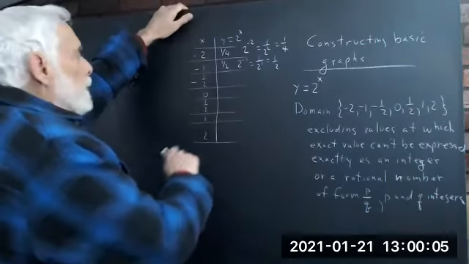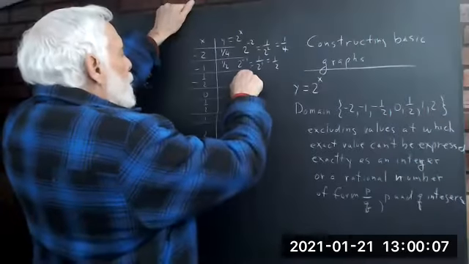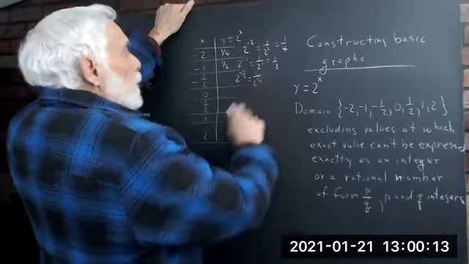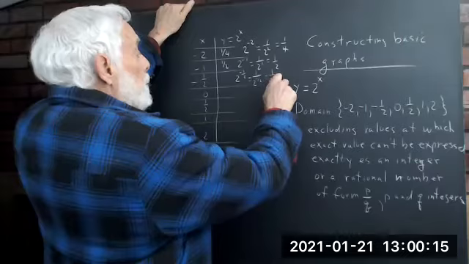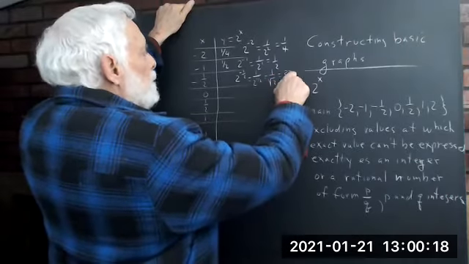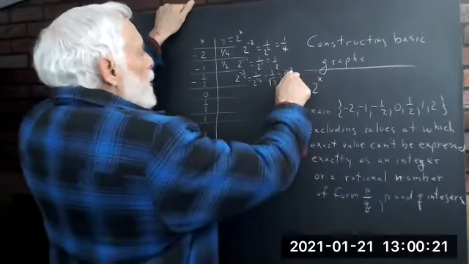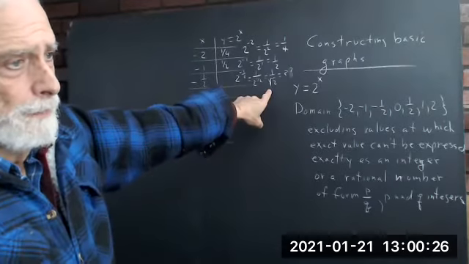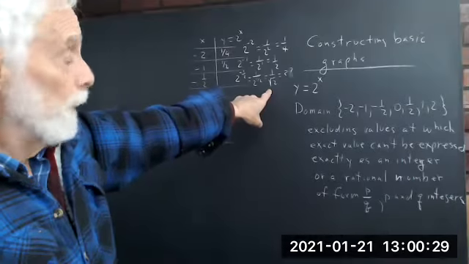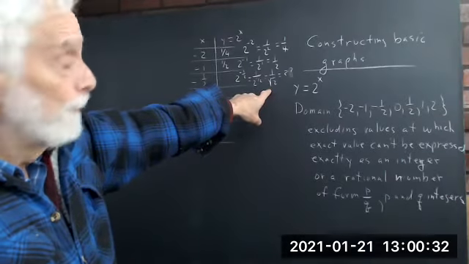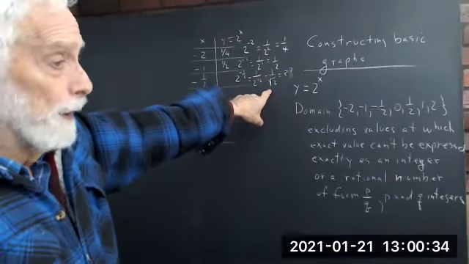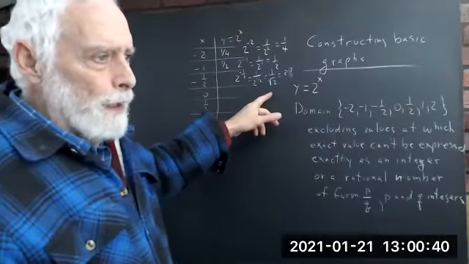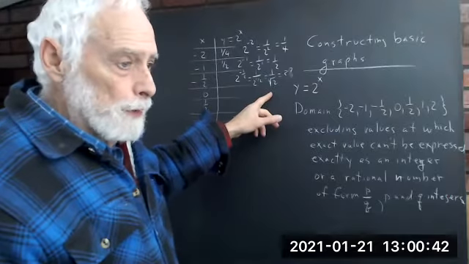Well, let's see. 2 to the negative 1/2 is 1 over 2 to the 1/2. 2 to the 1/2 is the square root of 2. What in the world is that? You can't figure that out. I can't figure that out. Although I know an algorithm that if I had infinite time, I could use, and if I didn't make a mistake, I would keep approaching the value more and more closely.